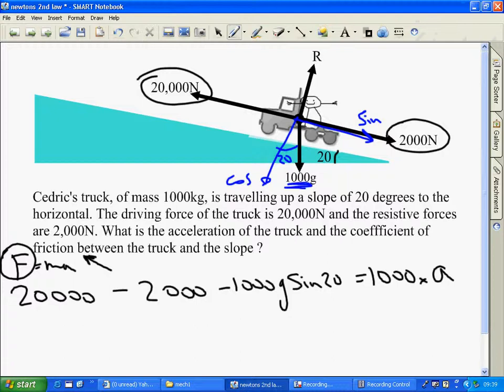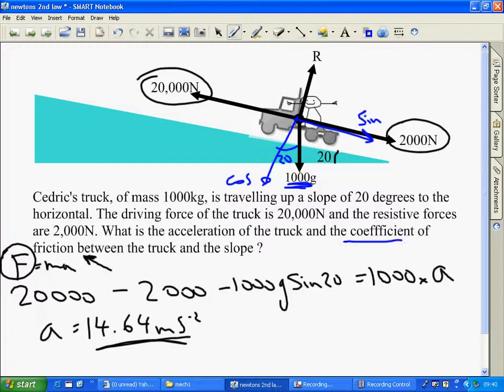Okay, so I have all that, and I can find its acceleration as a worryingly large 14.64 meters per second squared. Every second, Cedric's truck is increasing its velocity by 14.64 meters per second. That's tremendous acceleration, and obviously there's no real way that would be happening in real life.